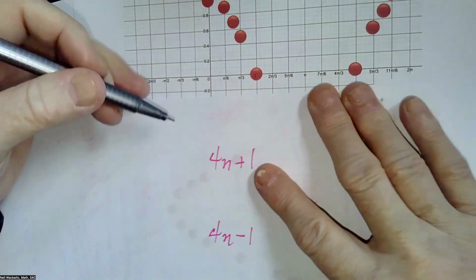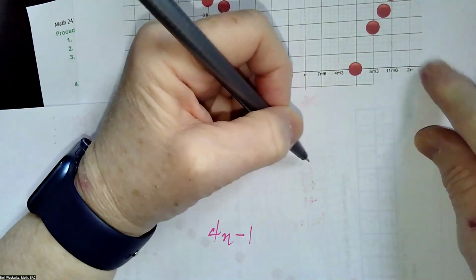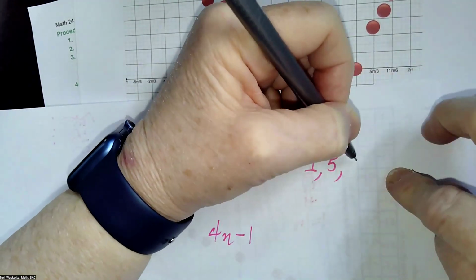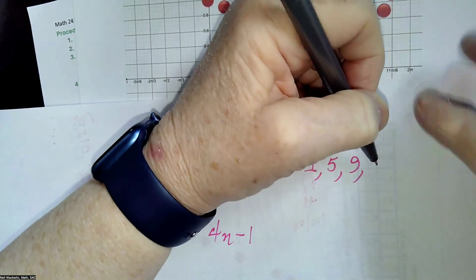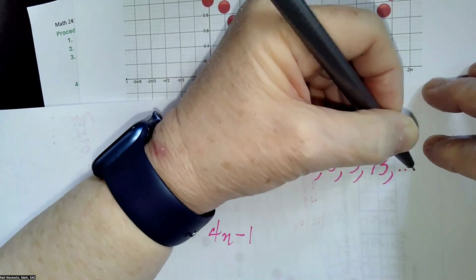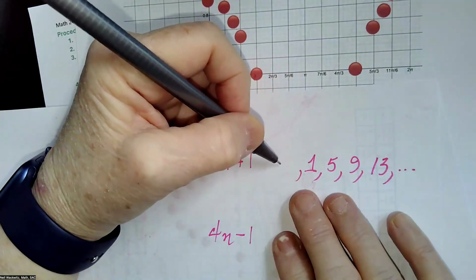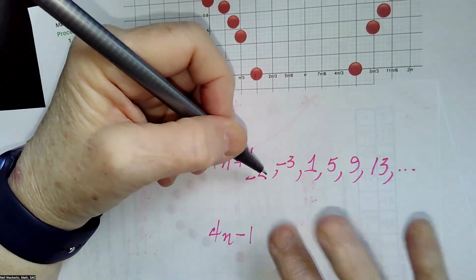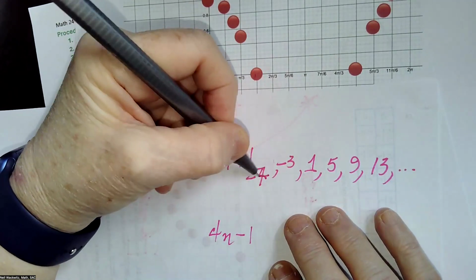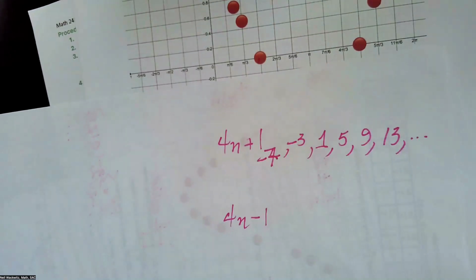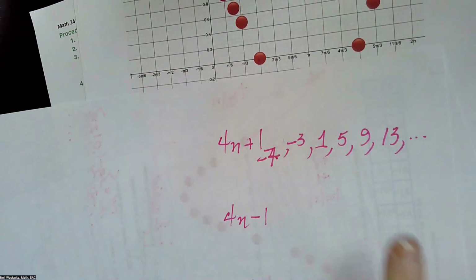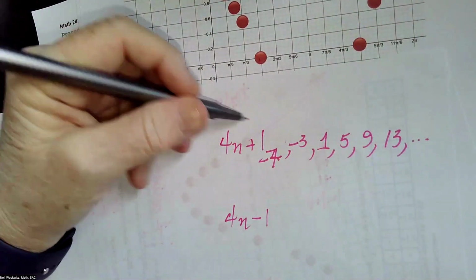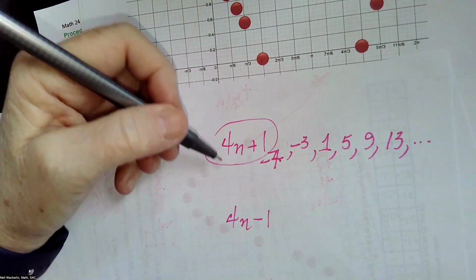The 4n plus 1s are going to be 1, 5, 5 plus 4, 9, 9 plus 4, 13, etc. And if we go backward, -3, -7. So let's take one of those and just check. Let's try -3. Is -3 in the form of 4n plus 1?